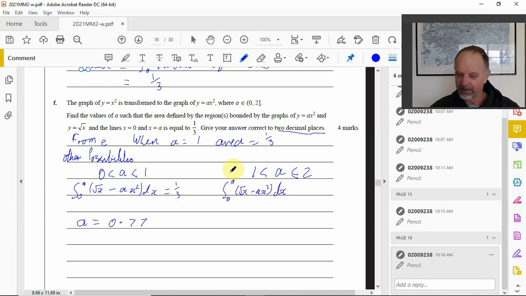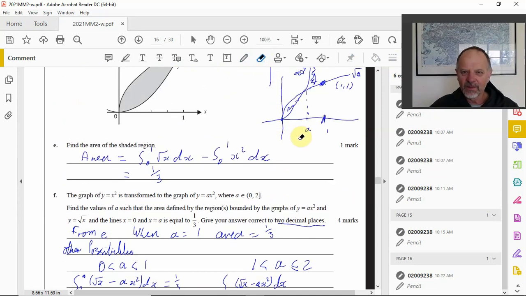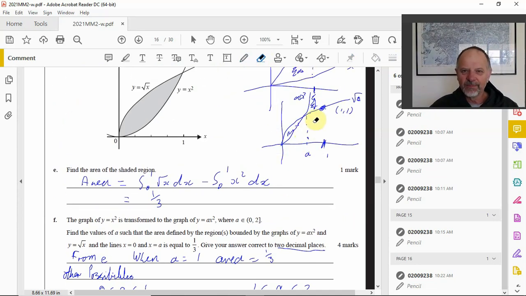Actually, I've made an error here. Let me just, it's not 0 and a, that's not our a, that value there. Our a has to do with the intersection, of course. Sorry, so our point of intersection. So that's not a at all.